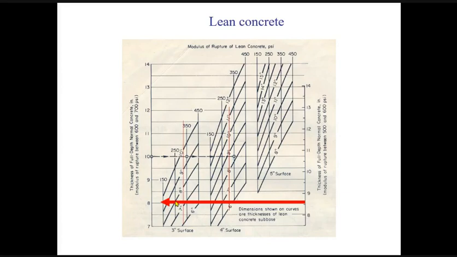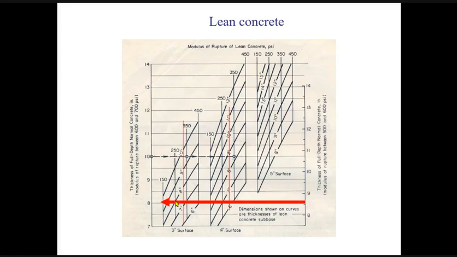I have not considered any support value while I was designing the main pavement. Once we design up, I have designed the whole pavement at 8.5 inches. Then I take how much I can reduce by providing a lean base of either 3 inches or 4 inches.